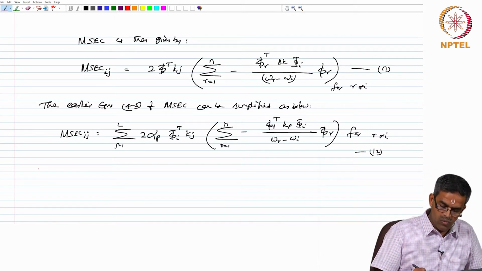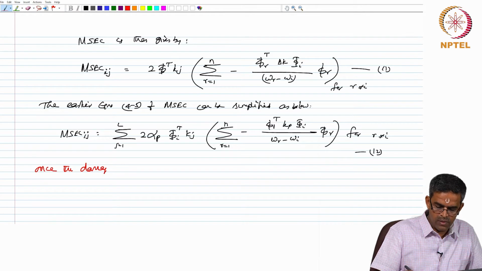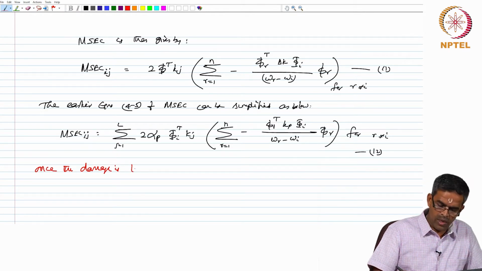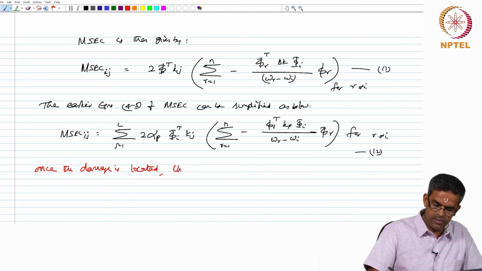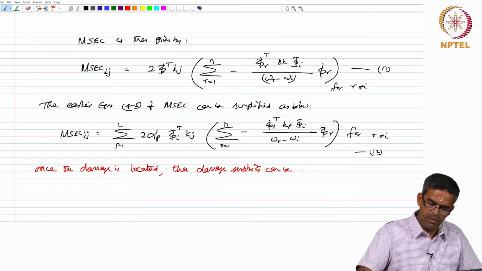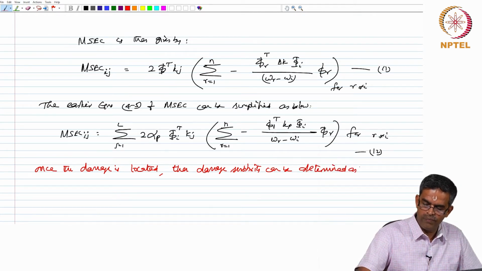Now, once the damage is located, then damage sensitivity can be determined as below.